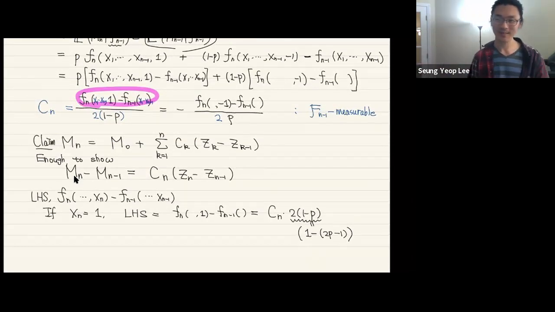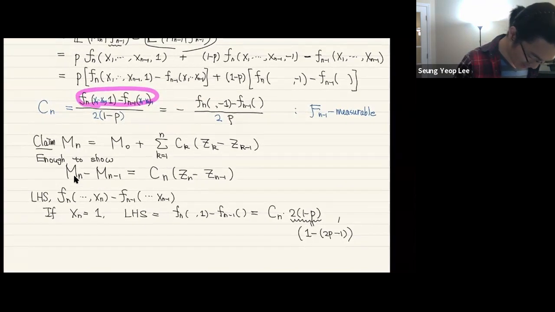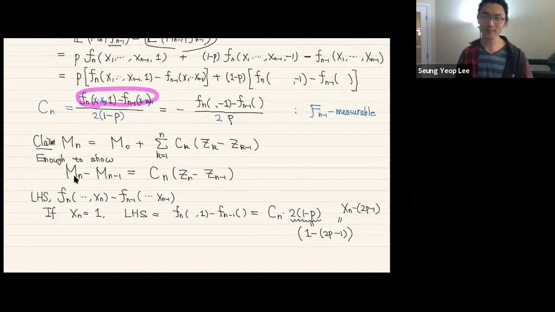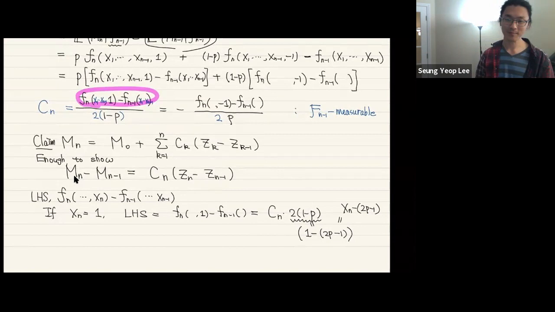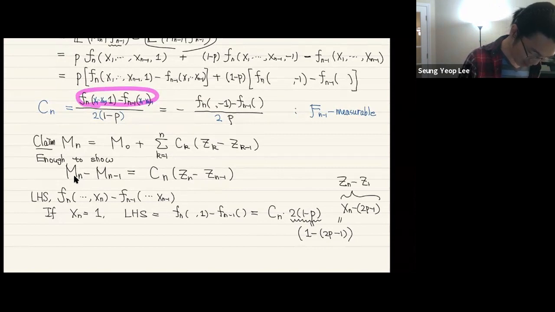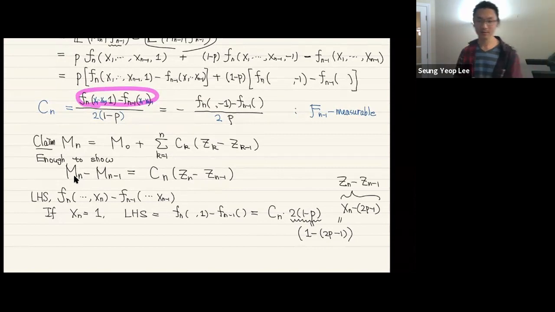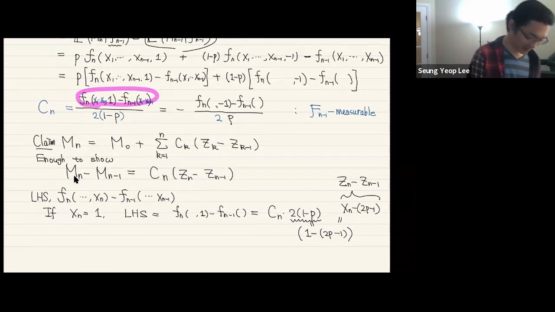So this is exactly xn minus (2p minus 1) when xn is equal to 1. So it matches. So this part is exactly Zn minus Zn minus 1. Therefore Cn times Zn minus Zn minus 1. Checked. Got it? So if xn equals 1, then it's true.